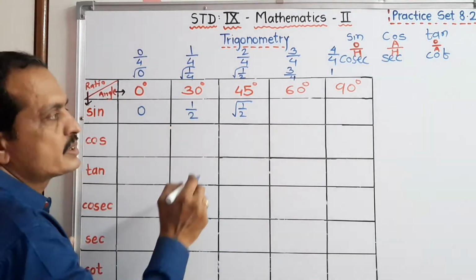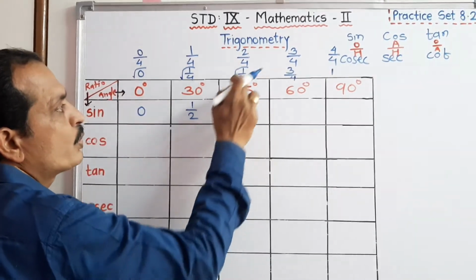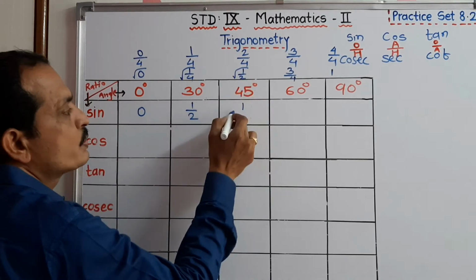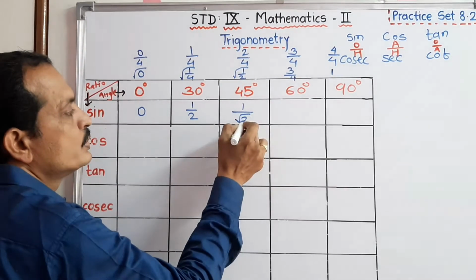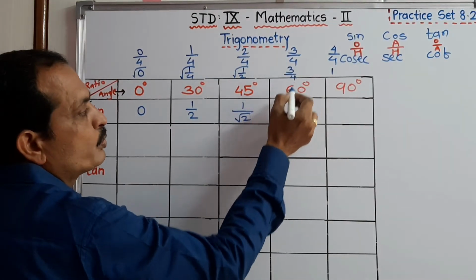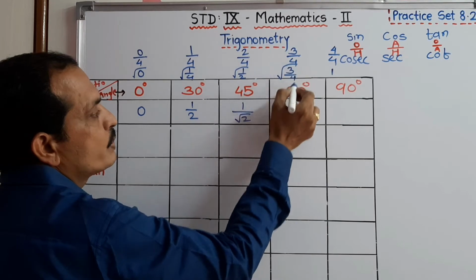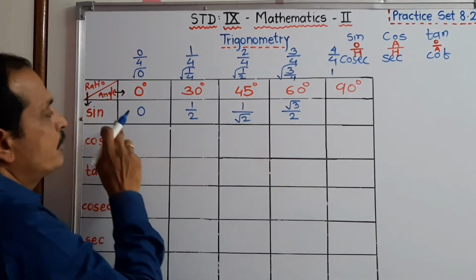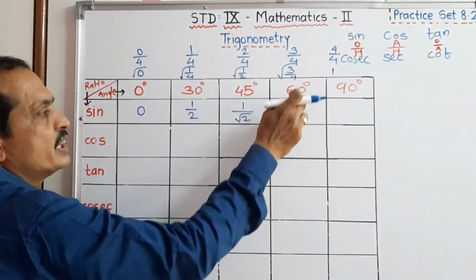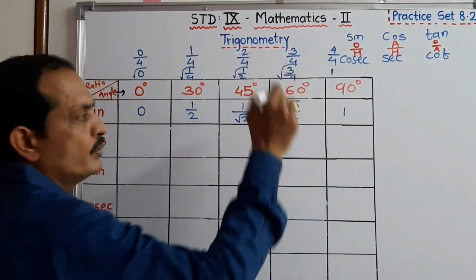Got it? That means we have to write the square root of 1 is 1 and square root of 2 is root 2. Then it is root 3 upon 4. Square root of 3 is root 3 and square root of 4 is 2. That means the value of sine 60 degree is root 3 upon 2 and square root of 1 is 1.